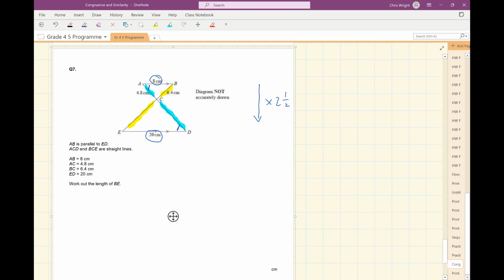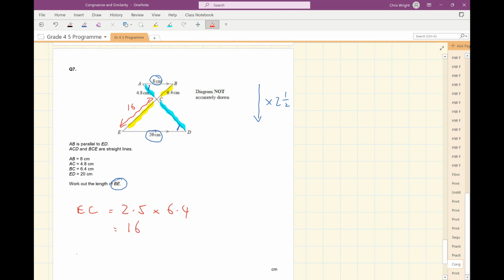Work out the length from B to E. Well, I'm not sure about the length from B to E, but I can work out the length from E to C. The length from E to C is 2.5 multiplied by its corresponding side, multiplied by 6.4. 2.5 multiplied by 6.4 is 16. So now I know that's 16.